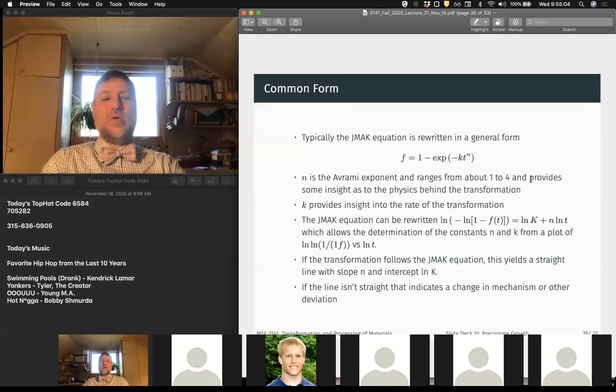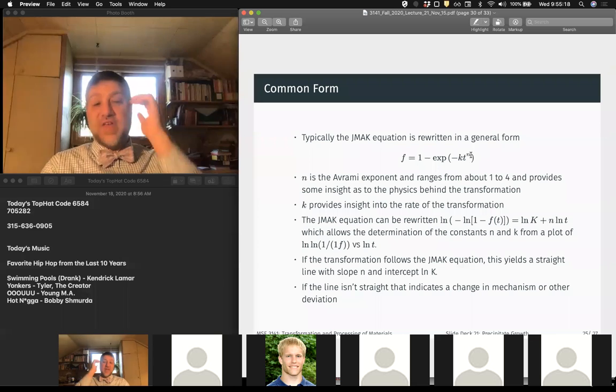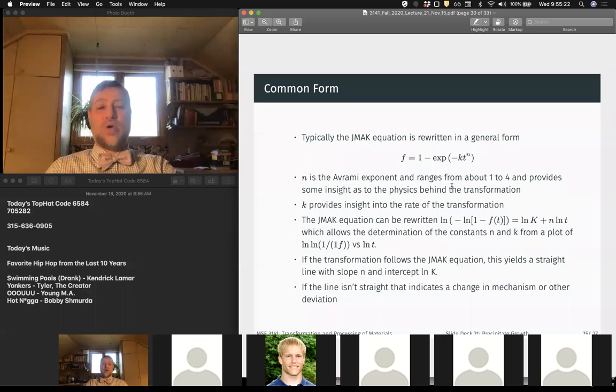Why is this equation useful? Well, it tells us we can describe the transformation in terms of two parameters. This exponent here is called the Avrami exponent, and it ranges from 1 to 4, and it's going to provide us insight into the physics behind the transformation.